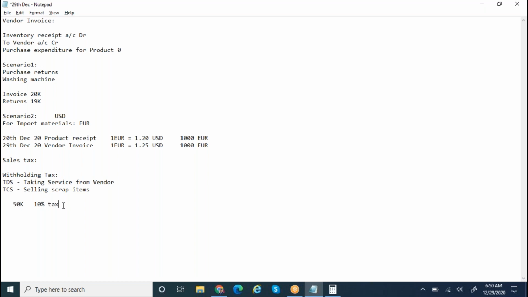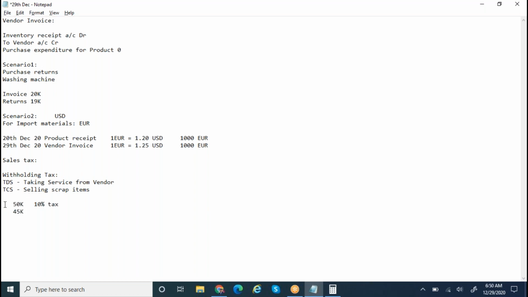This is not income tax, it is TDS for sales only. That is different and this is different, but the terminology is the same. TDS, tax deduction at source, means you are going to deduct the tax amount while doing payment. The invoice will be generated for 50K. You should not pay 50K to the vendor, you should pay 45K only.